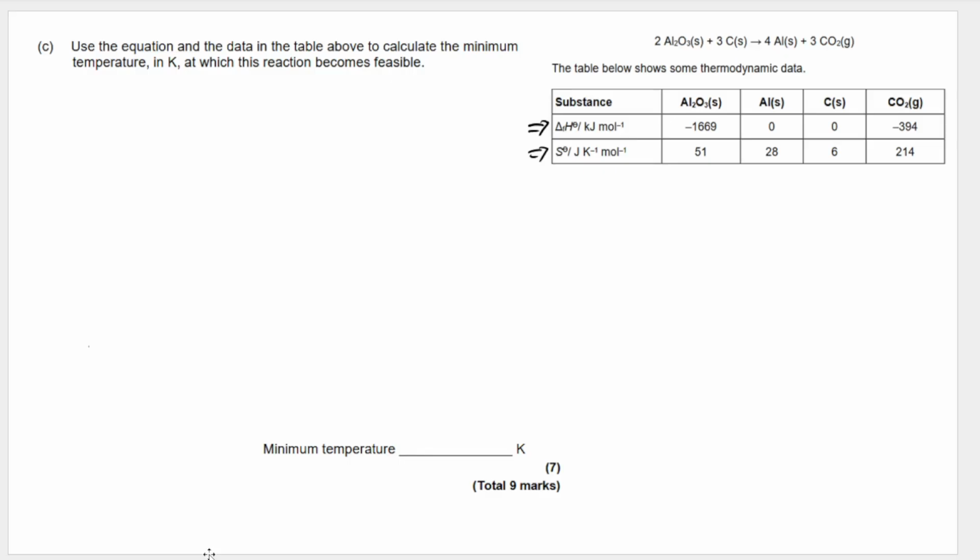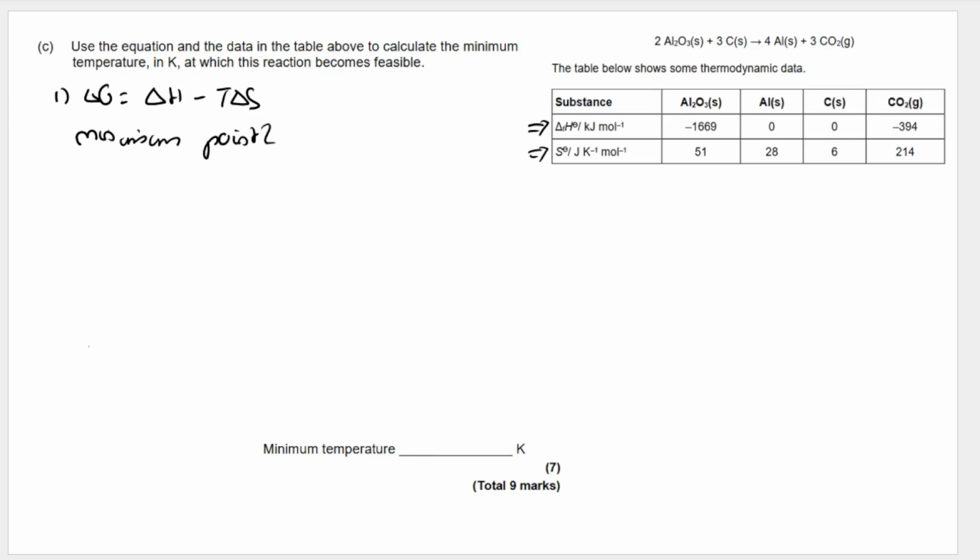Use the equation and the data in the table above to calculate the minimum temperature in Kelvin at which this reaction becomes feasible. Now, as soon as the word feasible is mentioned, immediately it's worth putting down the Gibbs equation. Now, what is the minimum point that a reaction becomes feasible?